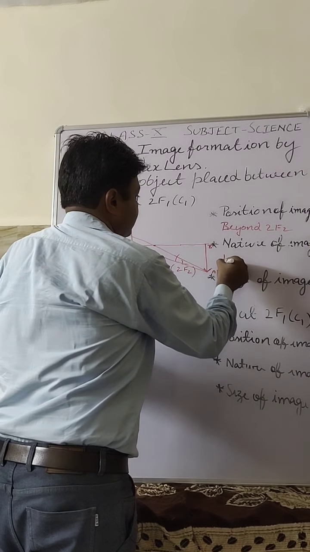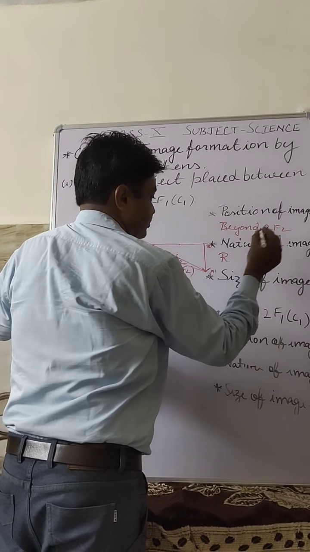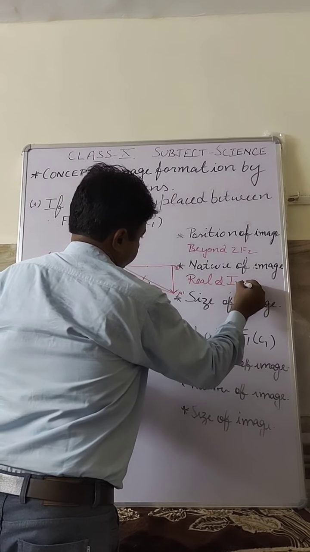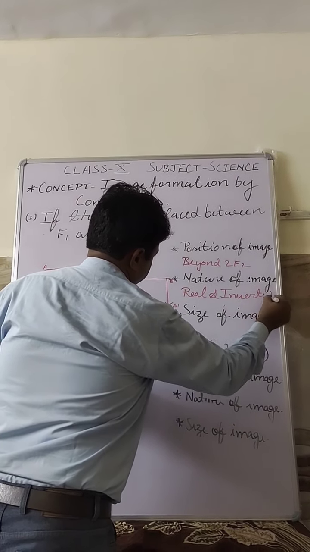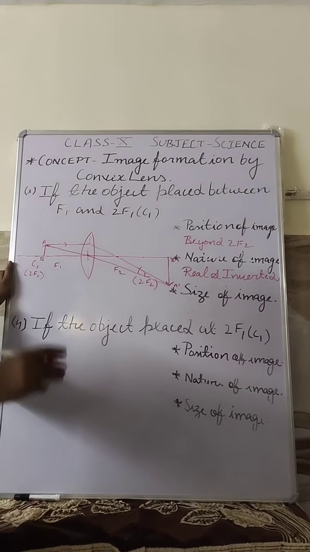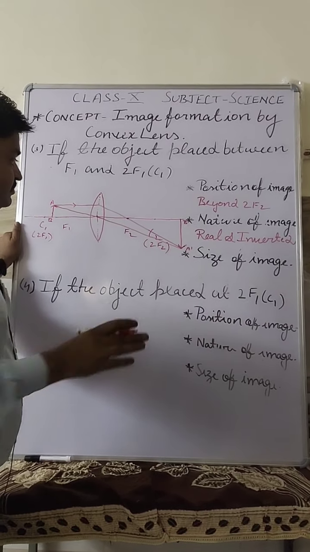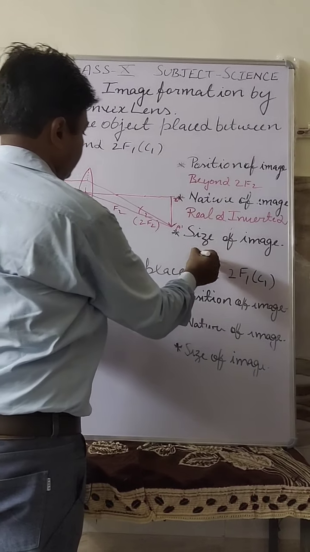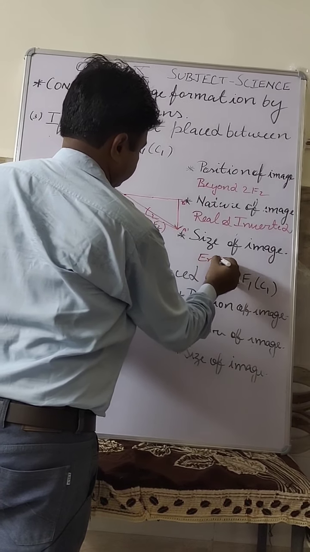So you write here, nature of image is real and inverted. Size of image here, student, it is enlarged. Here you write enlarged size.